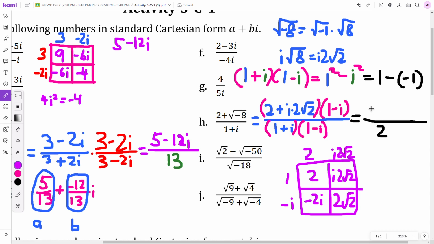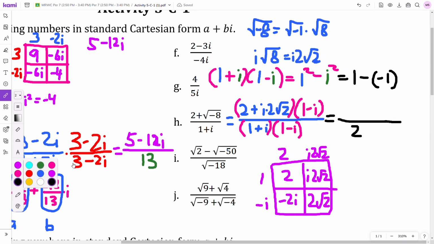And so, let's write it all out. Unfortunately, we don't get to simplify much. We can factor out a 2, but we're not going to do that yet. So what we get is 2 plus 2 root 2 plus i 2 root 2, minus 2i.